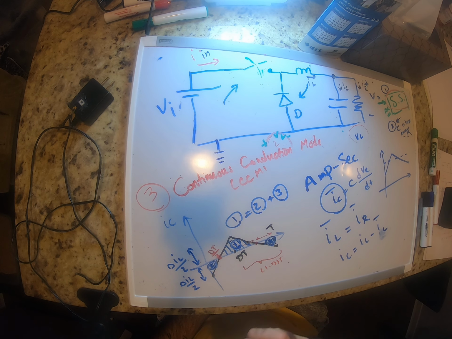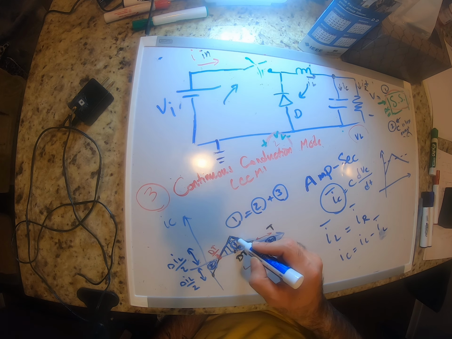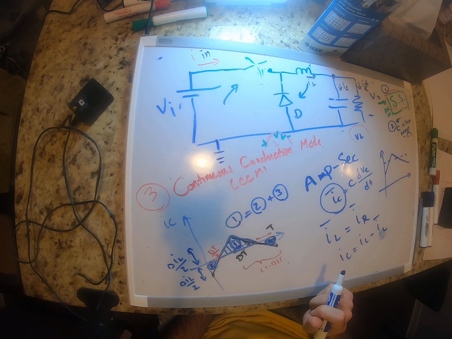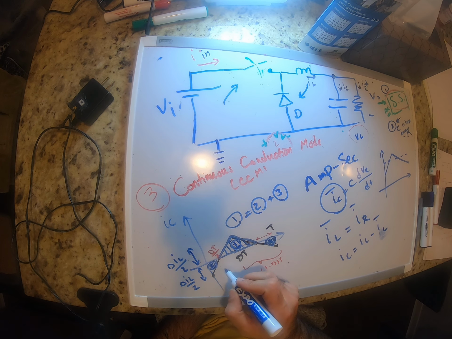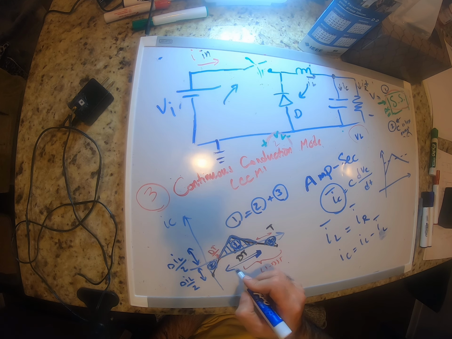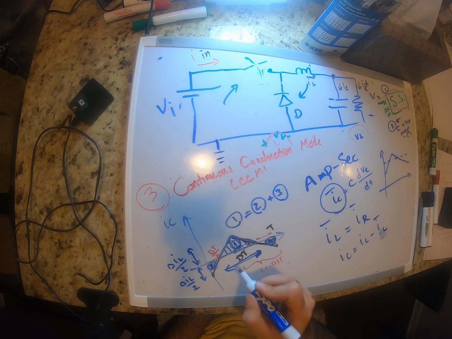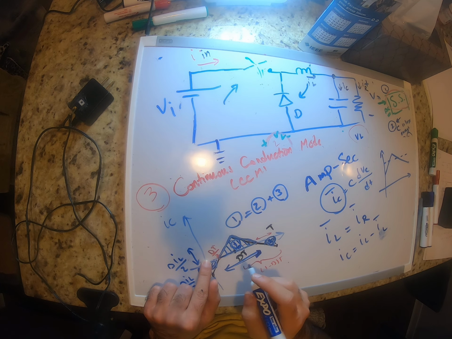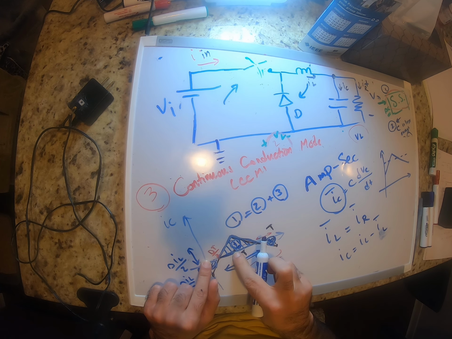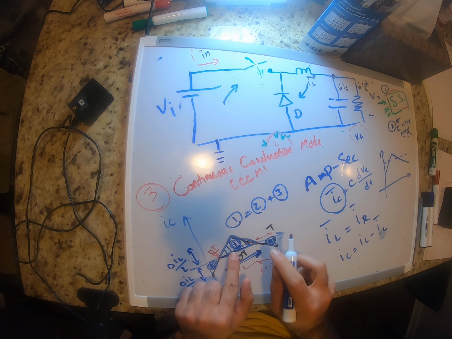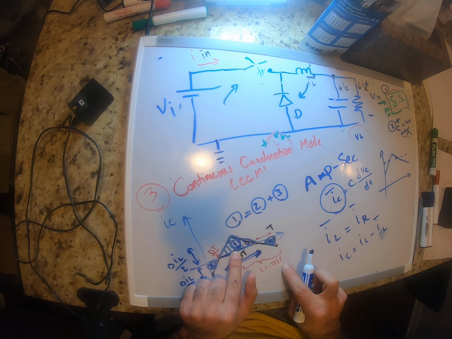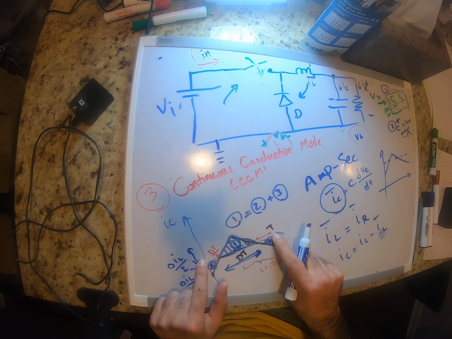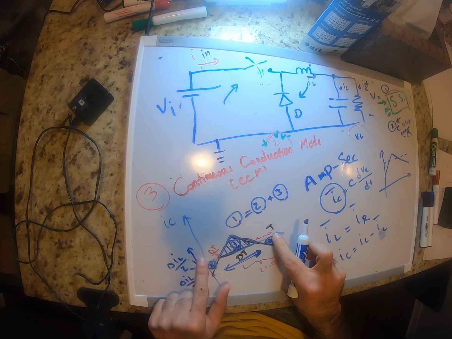So if I want to calculate this area, I know the height. The height is going to be delta IL divided by 2. How about the base? What is the base? This distance is half of dt, and this distance is half of 1 minus d times t. So basically this is half of t. The base is going to be half of the period.